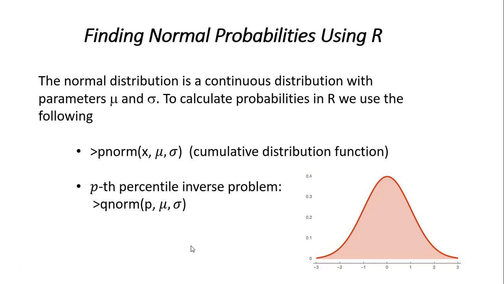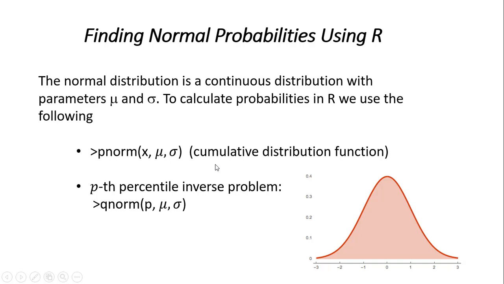All right, next let's take a look at the normal distribution. To find these probabilities using R, we know that we have the normal distribution. It's continuous. For the normal, we need parameters mu, the mean, and sigma, the standard deviation. So in R, we would use P norm, x comma mu comma sigma.